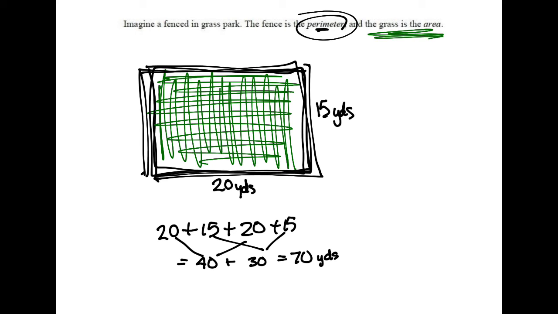Now, the area is different because you're counting square yards this time. Okay? So, area is length times width. So the length is 20 and the width is 15. You multiply those, I'll just give it to you, is 300. And what are we counting? Square yards. Okay, so area, the label is always squared, and perimeter, it is never squared, it's just plain.